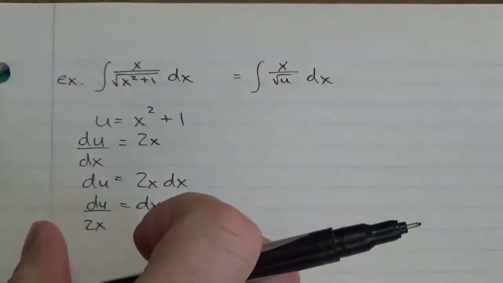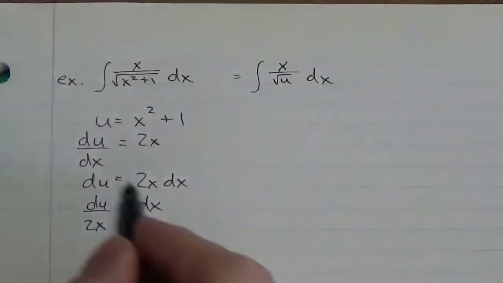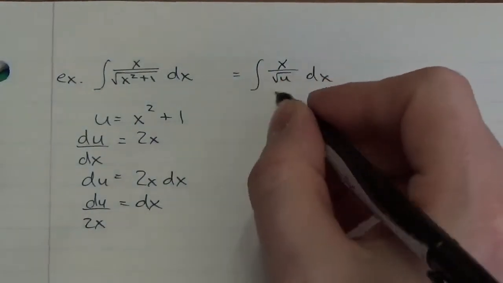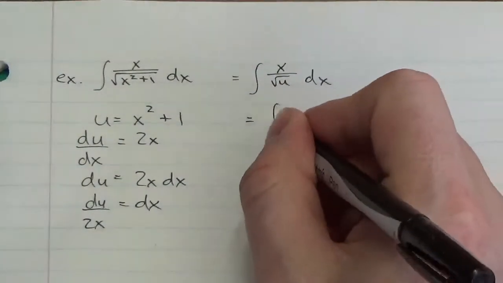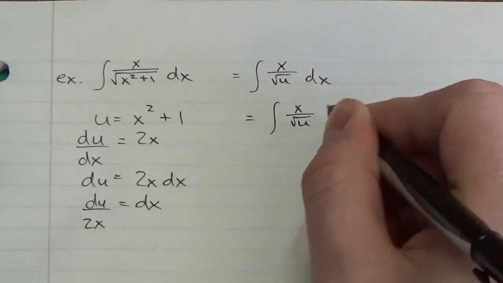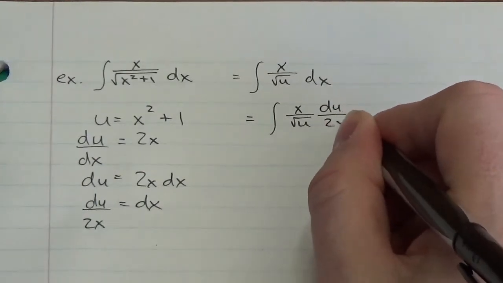And so this method of just bringing everything over, getting this expression, and replacing the dx, I have found to be useful. Okay, so I would make this substitution here. So this is now the integral of x over the square root of u, and then dx is du over 2x.